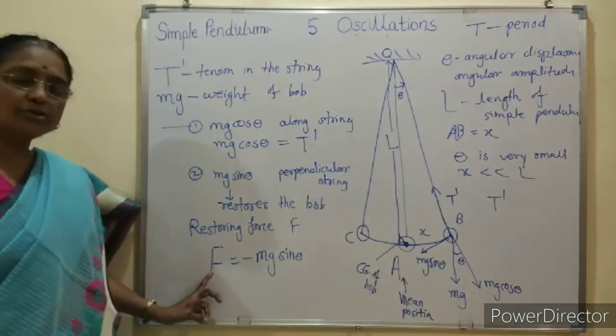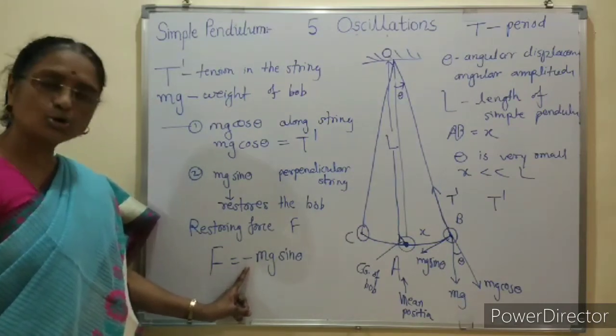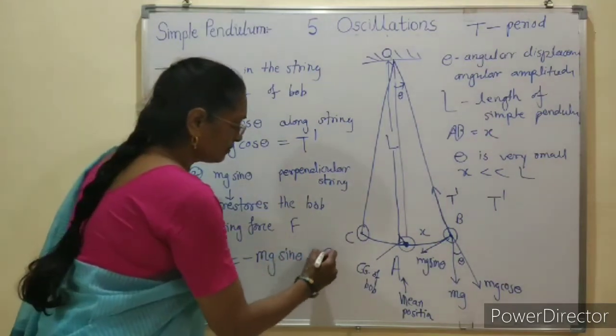As usual, restoring force and theta have opposite direction. Therefore, we have introduced the negative sign. F is equal to minus mg sin theta. This is our first equation.